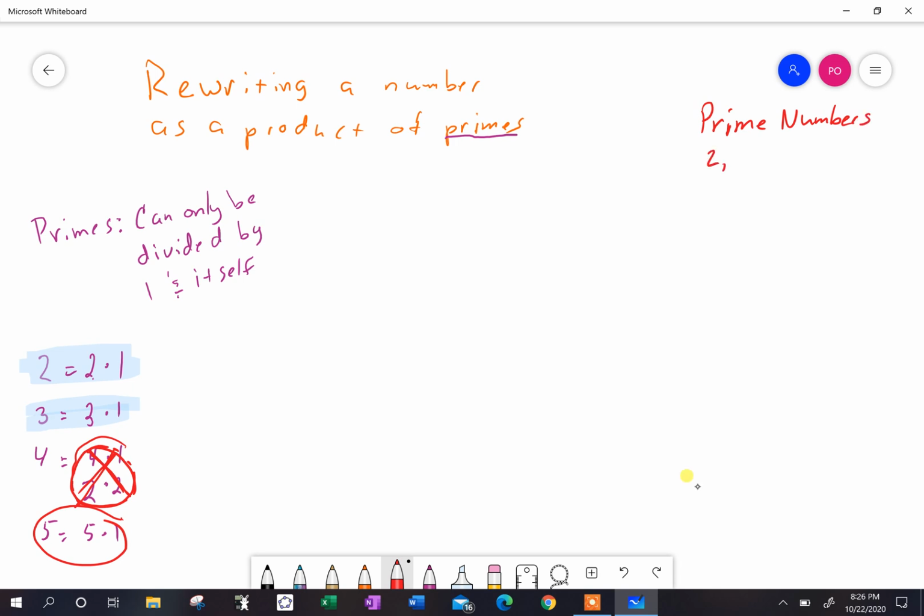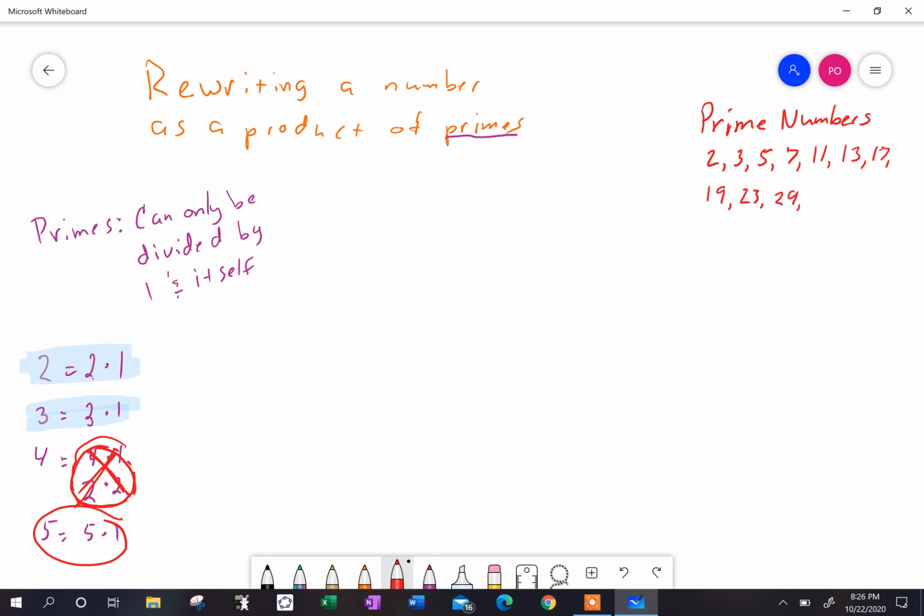So let's see. 2 is prime, 3 is prime, 5 is prime, 7, 8 is not, 9 is not, 10 is not, 11 is, 13 is, 17 is, 19 is, 20 is not, 21 is not, 22 is not, 23 is, 24 is not, 25 is not, 26 is not, 27 is not, 28, 29 is.